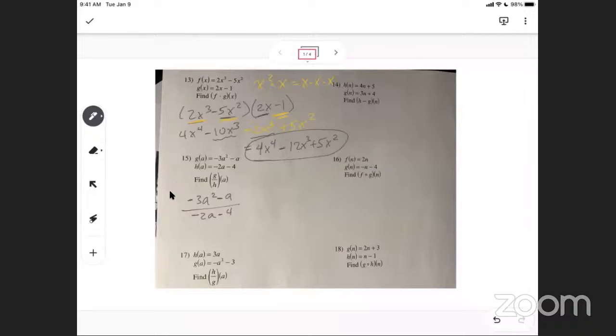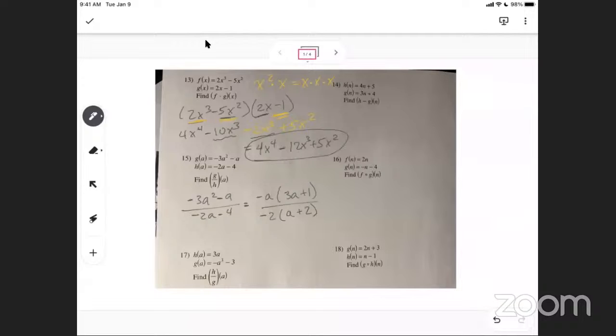What I would do for this one is factor out a negative a out of the top, and that would leave me with 3a plus 1. Then I would factor a negative 2 out of the bottom, and that would leave me with a plus 2.